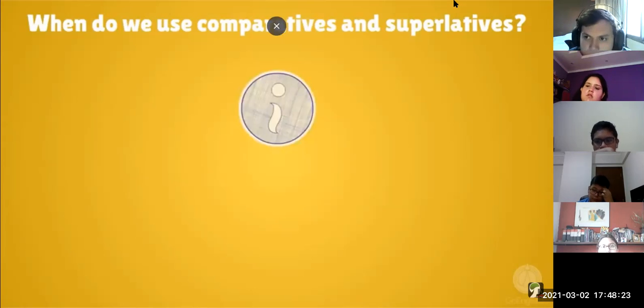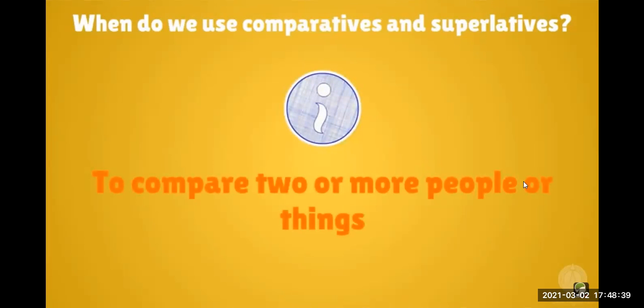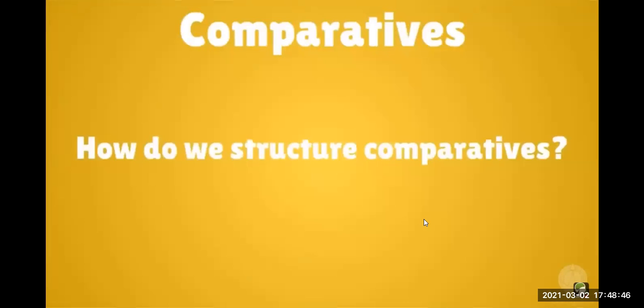So this is the difference between comparative and superlatives. The comparative, just two objects, people, animals, whatever you want. And superlative, one with the rest of the group. So it says to compare two or more people or things, we use these kind of comparative and superlative adjectives.